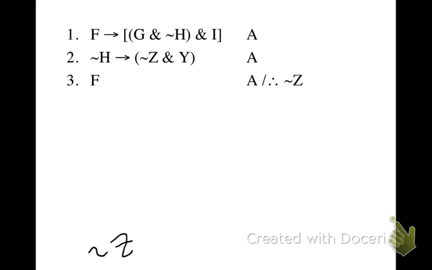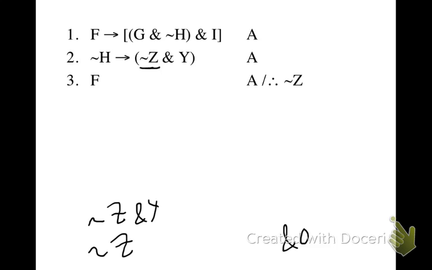So I want to get not z. And I see that not z is in the consequent of this conditional. So that's where it's going to come from. So if I could get not z and y, then I could get not z by and out.